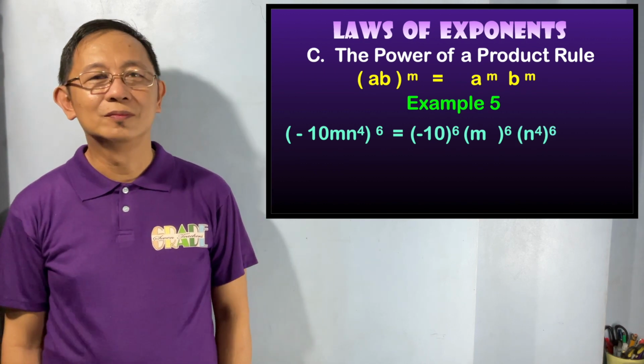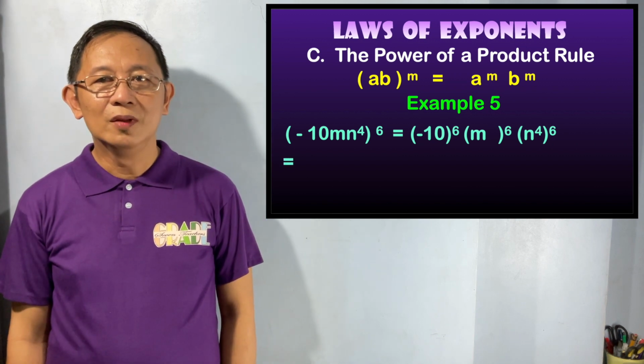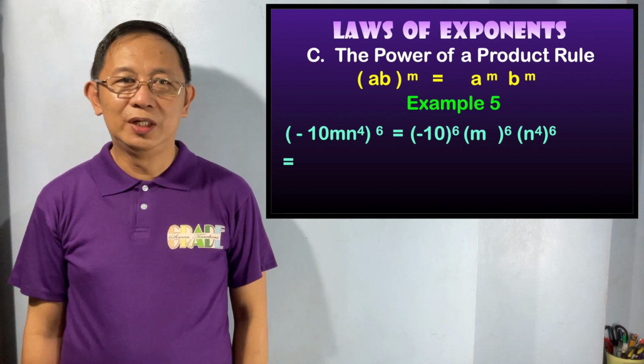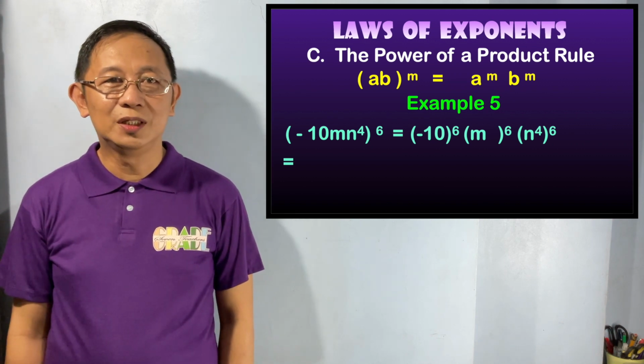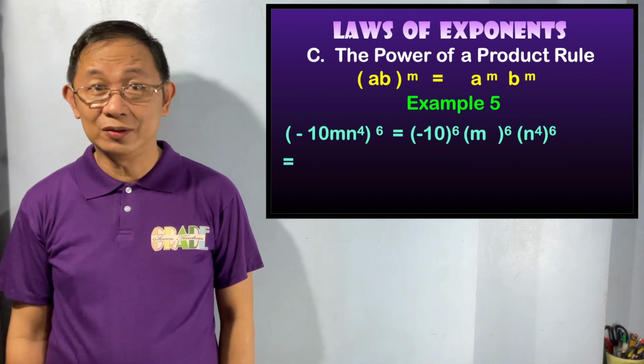So this is equal to quantity negative 10 to the 6th power, which is negative 10 times negative 10 times negative 10, so you will use negative 10 six times as a factor.